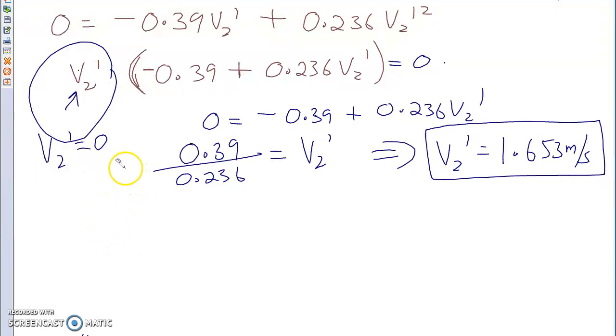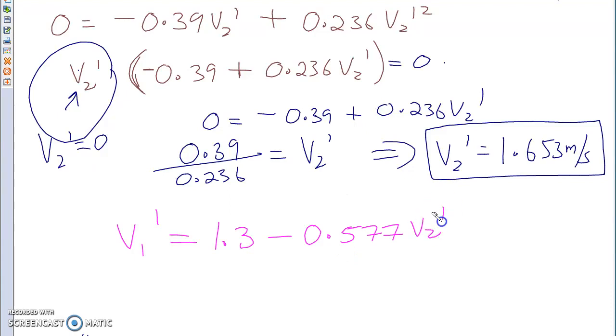So we go back to our original equation, and our original equation was V1 prime equals 1.3 minus 0.577 V2 prime. So we're going to sub this in here.